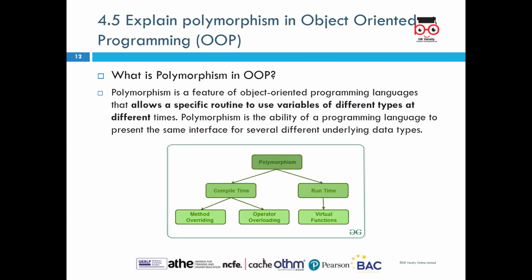Polymorphism, again, this feature simply allows a specific routine to use a variable of different types at different times. So it's basically the ability of our programming language to present the same interface for several different underlying data types.